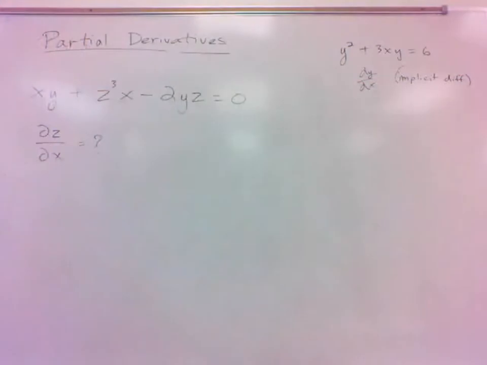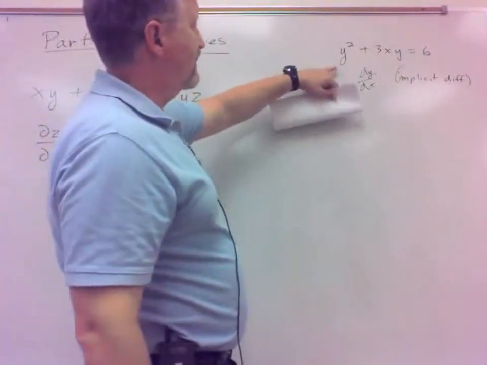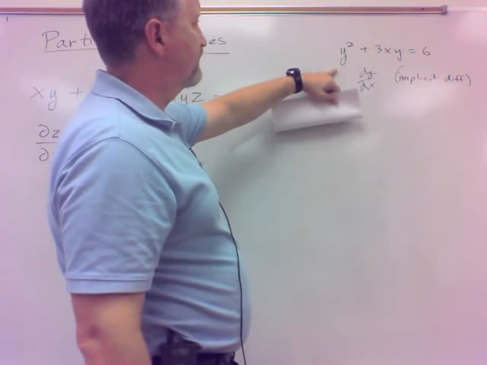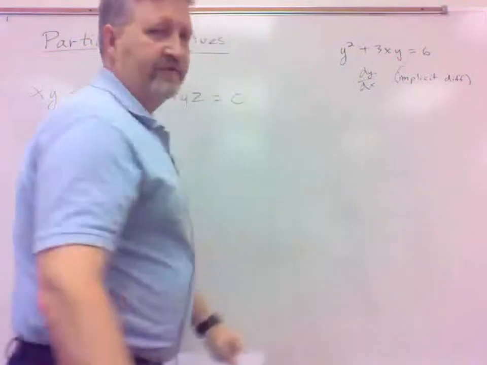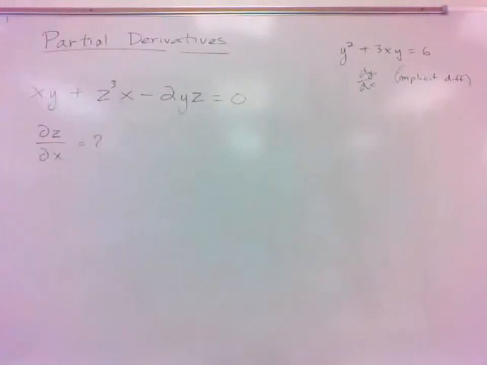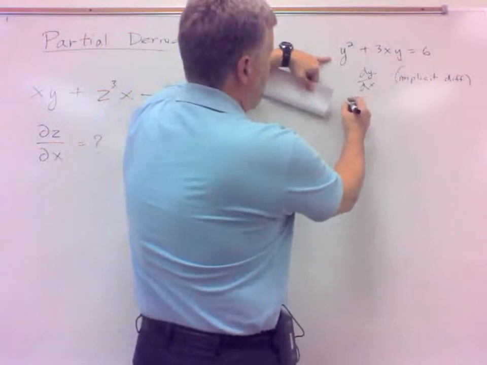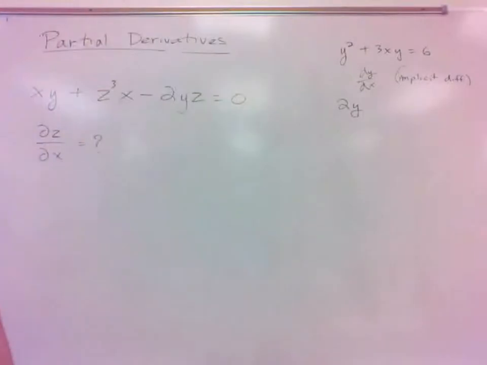And remember the rule on that. If we get dy dx out of this, what derivative do we get from y squared? Well, since we're doing the derivative of y with respect to x, we've got y squared, which the power rule tells me is 2y, but since I'm wanting the derivative of y with respect to x, what else do I need?